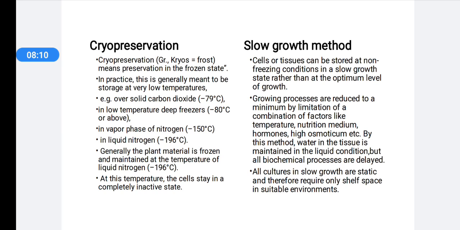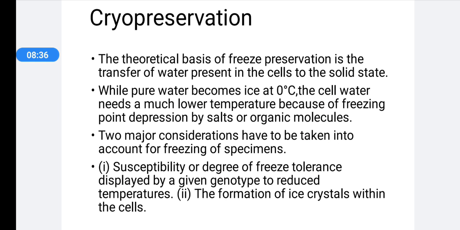We will limit some growth factors and we will slow their growth. So what will happen is this: by this method, the water in the tissue will be maintained in liquid condition. So all the biochemical processes will be delayed. All the cultures in this slow growth are static, and therefore they require only shelf space in a suitable environment. Now we will discuss each of the processes.